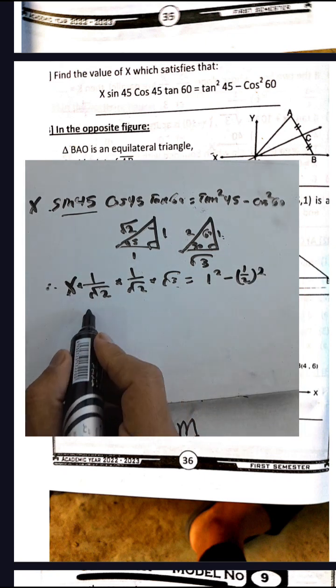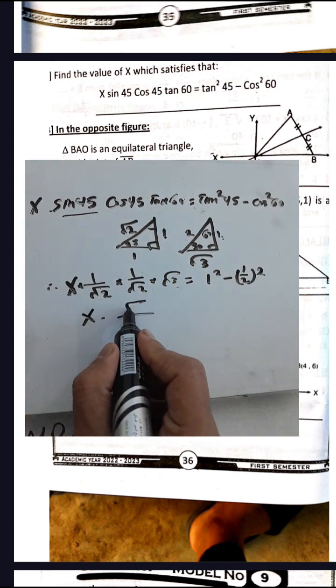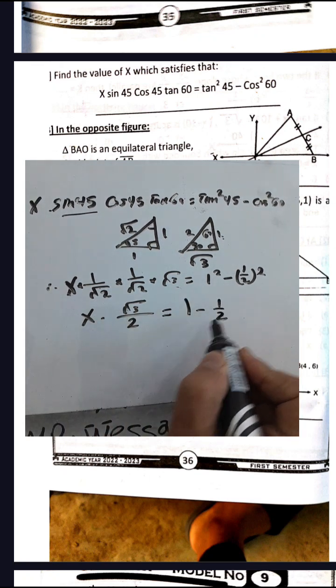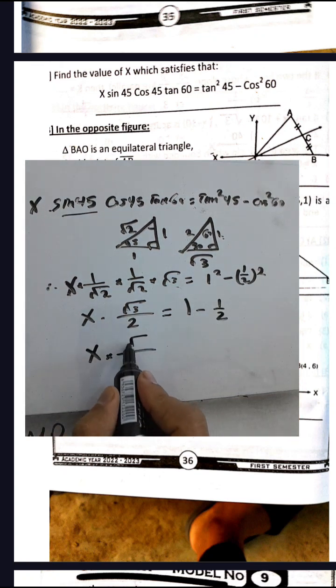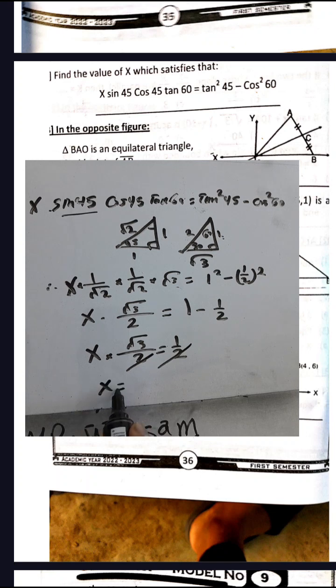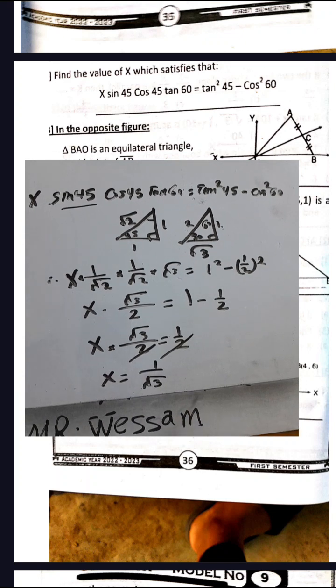Root 2 times root 2 equals 2, and we write 1 subtract half. Then x times root 3 over 2 equals 1 minus half, which is half. We can cancel 2 by 2, then x will be 1 over root 3. The value of x will be 1 over root 3.